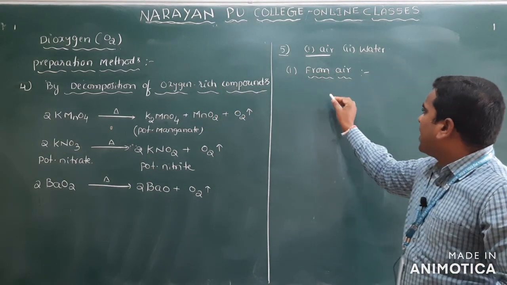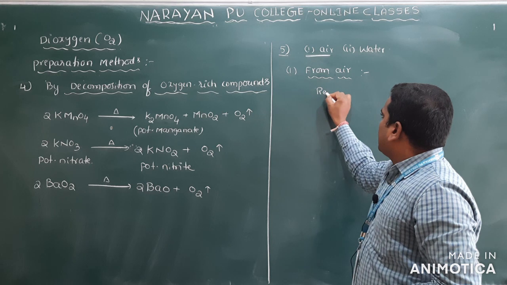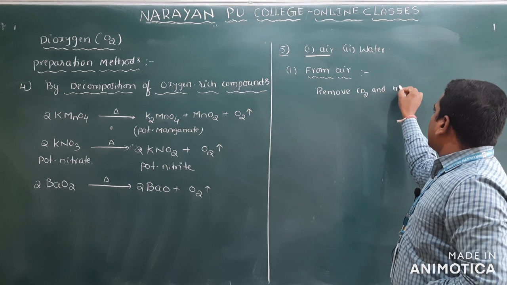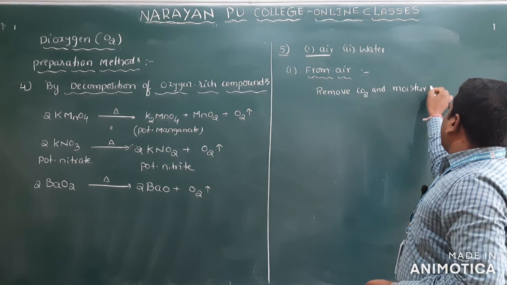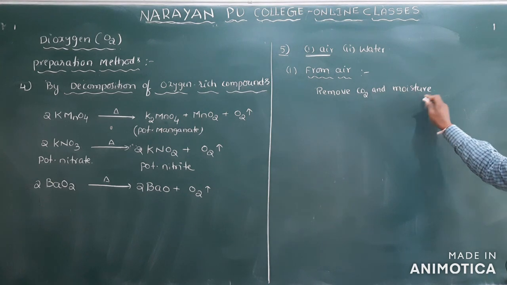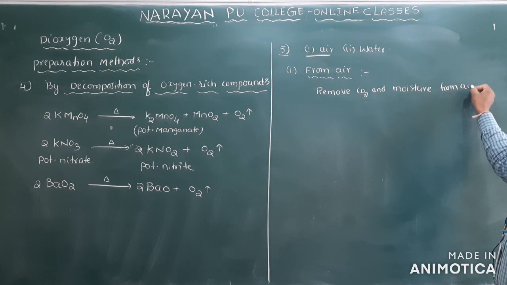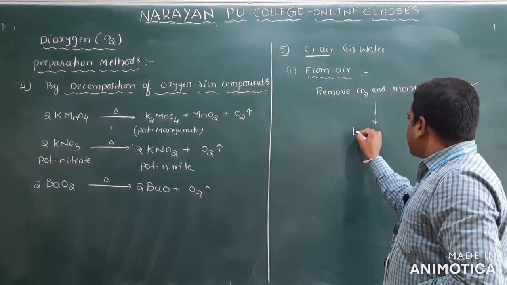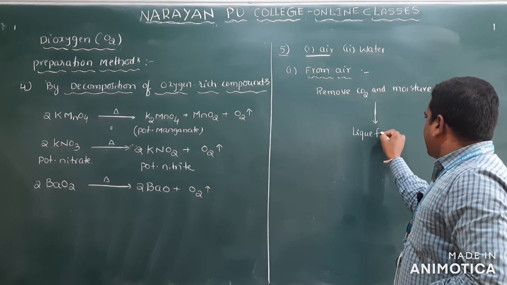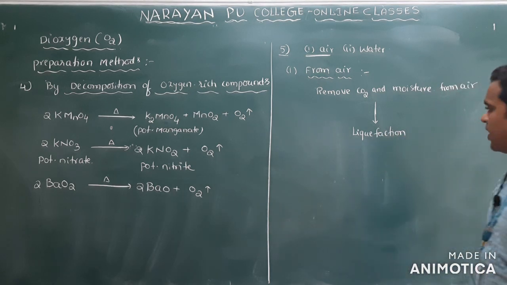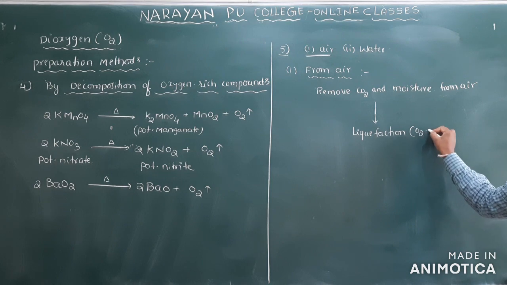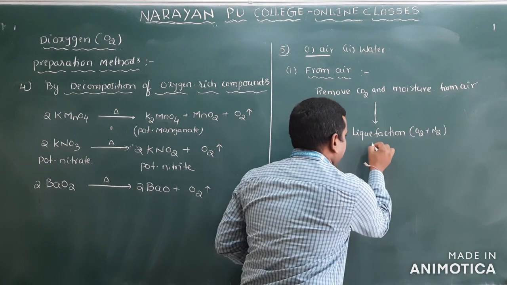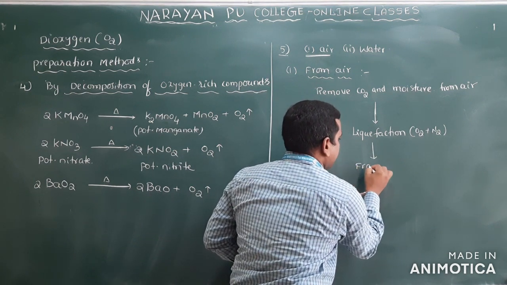First, from air, remove carbon dioxide and moisture. Then do the liquefaction. Liquefaction means oxygen and nitrogen will be present in the form of liquids. After that, do the fractional distillation.